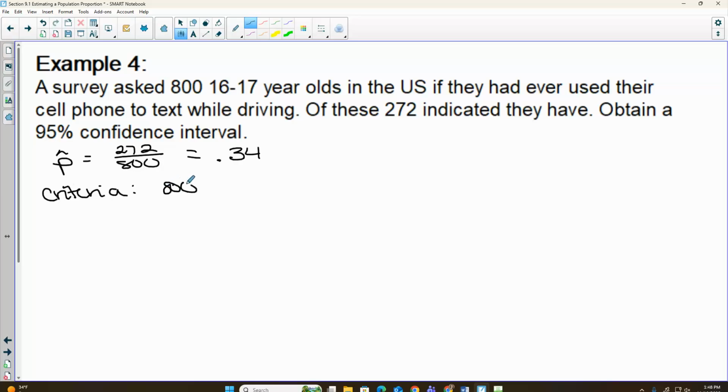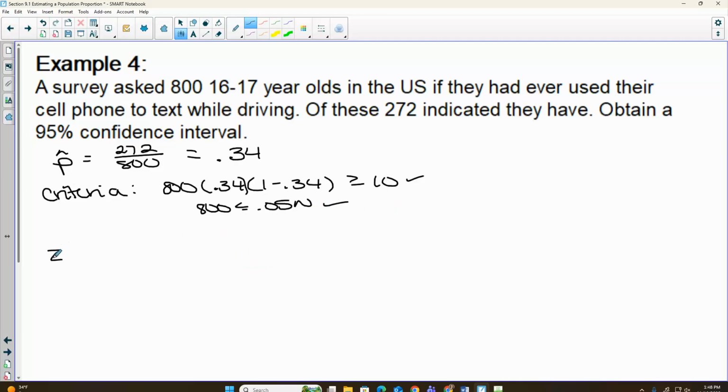What are we using for the P here? P-hat, the 0.34, 1 minus 0.34. And that is most definitely bigger than 10. Is 800 less than 5% of the total population of 16 to 17-year-olds? Yeah, so criteria is good.